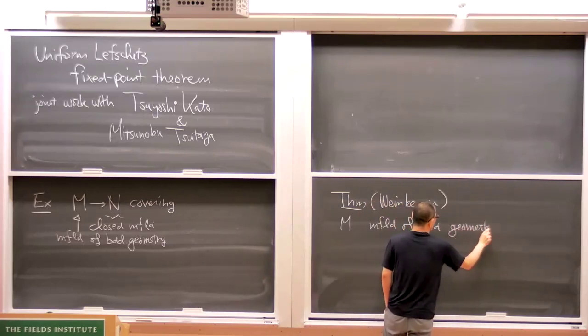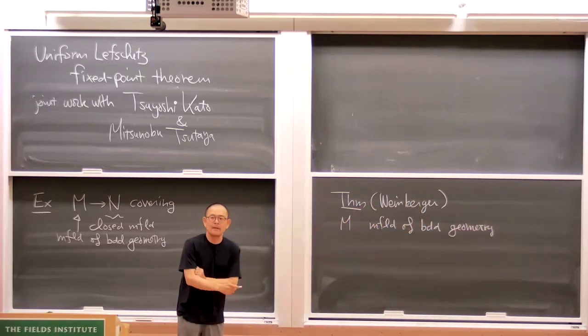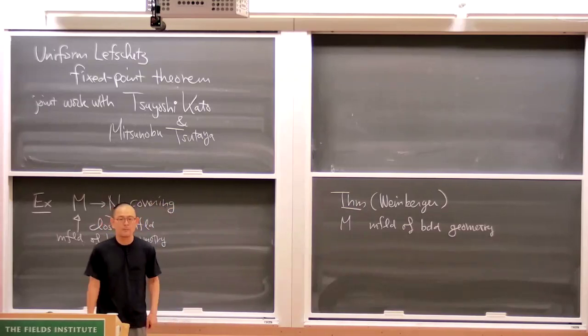For a manifold of bounded geometry, we can define its Euler class in bounded cohomology.